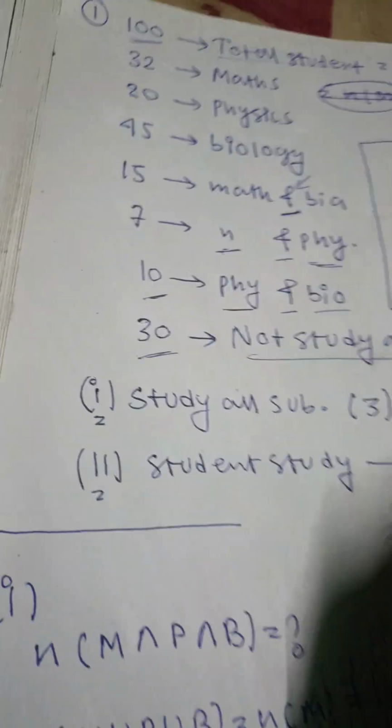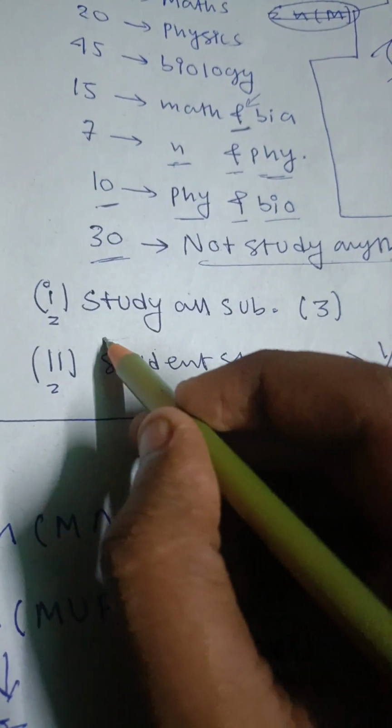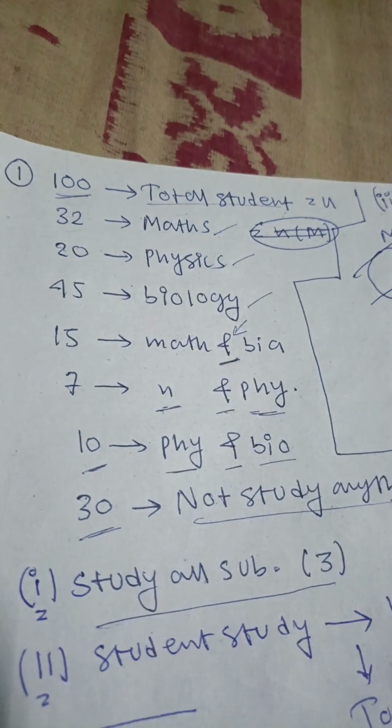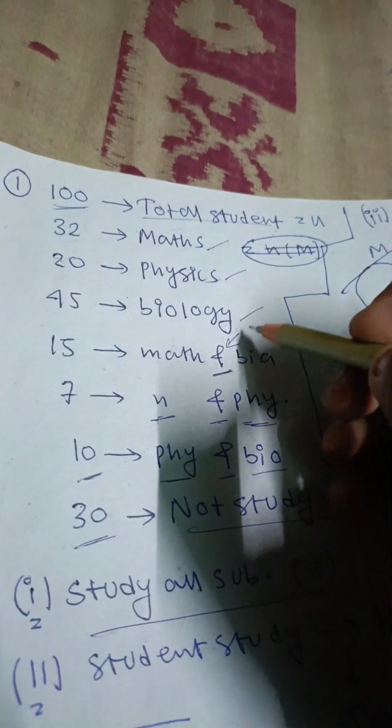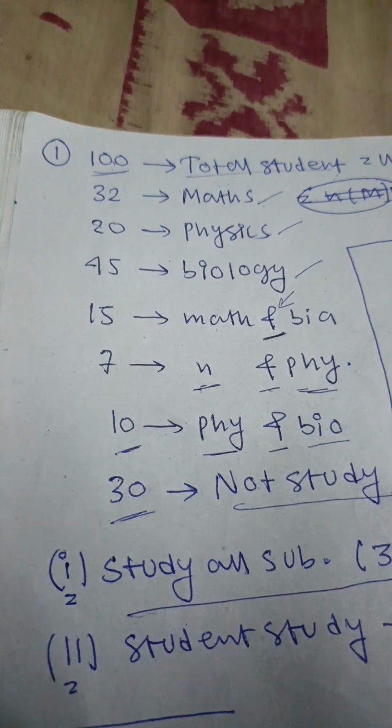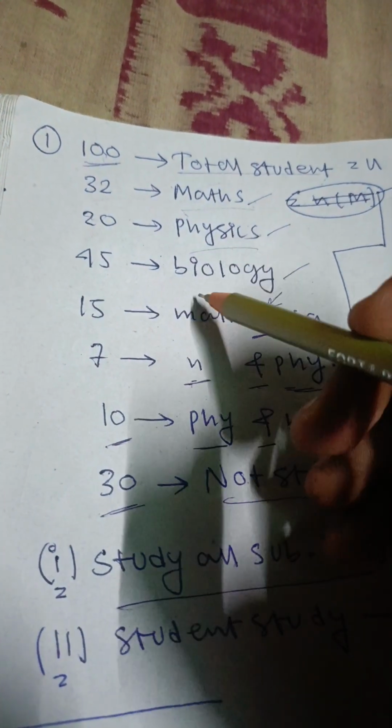So the first question is, how many students are studying all the subjects? What I mean by all the subjects is physics, maths, biology. So 3 subjects. Among the 100 students, how many are studying maths, physics and biology?